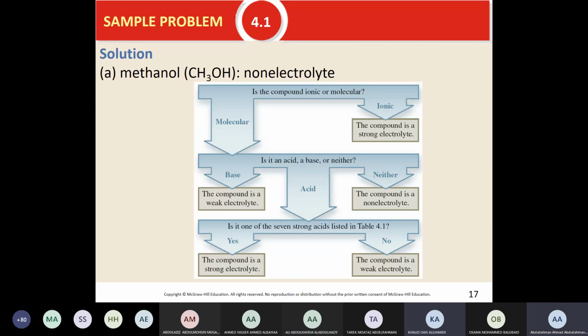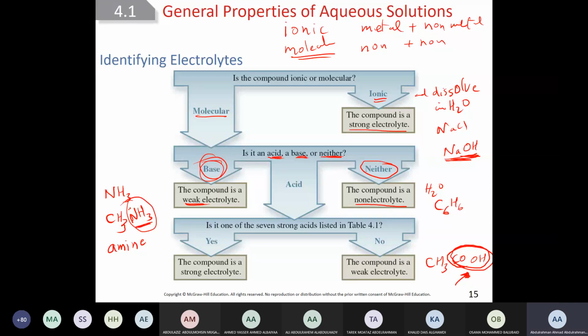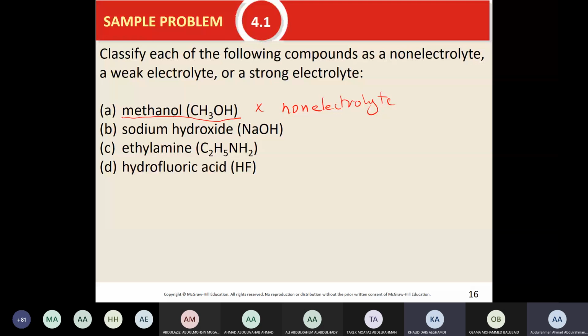No, that's why I say the base contains what? OH minus. But for organic compounds, what is the base? It must contain amine. Ammonia by itself, but when it's with a carbon compound, it's called amine. It must contain amine to make base. CH3OH does not conduct electricity. It's neither. Clear?